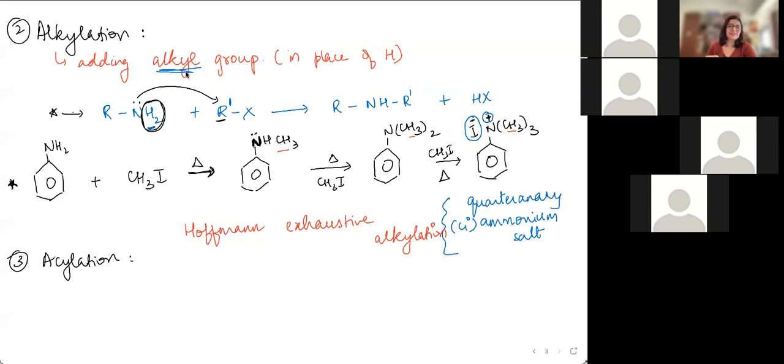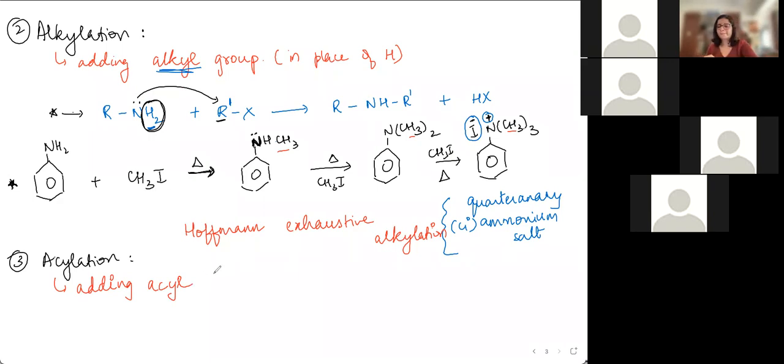So alkylation is when you add an alkyl group in place of hydrogen on an amine. What about acylation? CH3C double bond O Cl, basically an acyl halide.